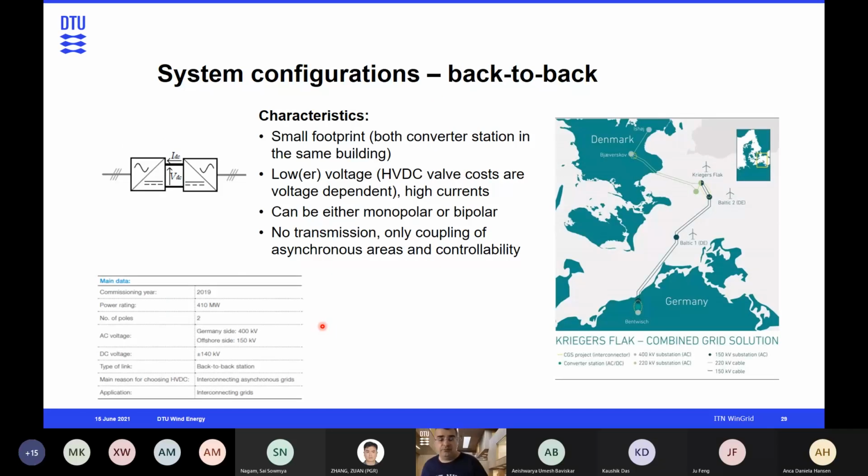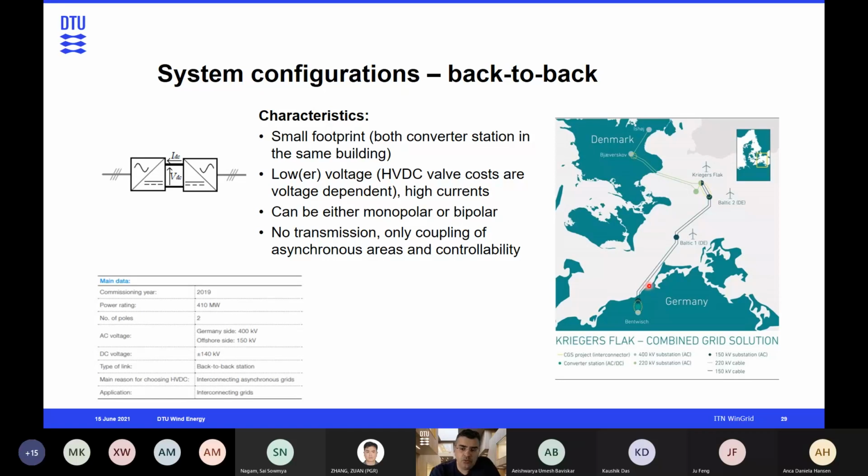And then finally, we have the back-to-back, which is simply a converter. And maybe you can see, I hope you can see here, it's not too small, the Kriegers Flak connection, which is between Denmark and Germany. And these are two different synchronous areas. While the connections for the wind power plants to either Denmark or Germany to the shore are done with AC technology, at some point, since those two are different synchronous areas, this needs to be broken.